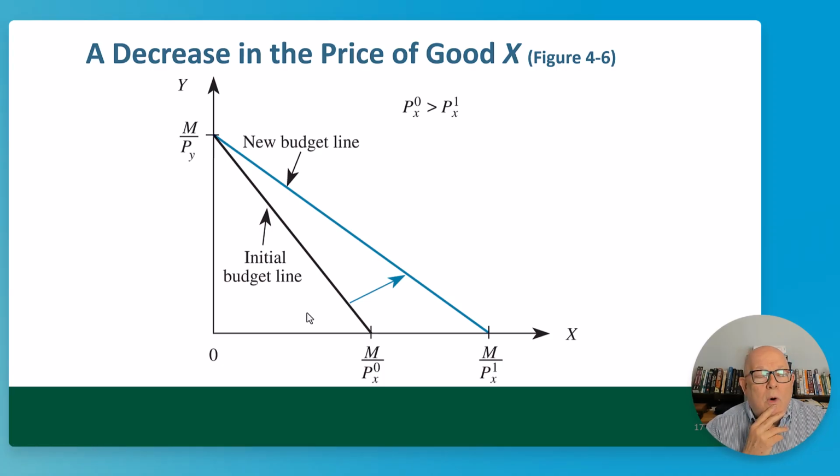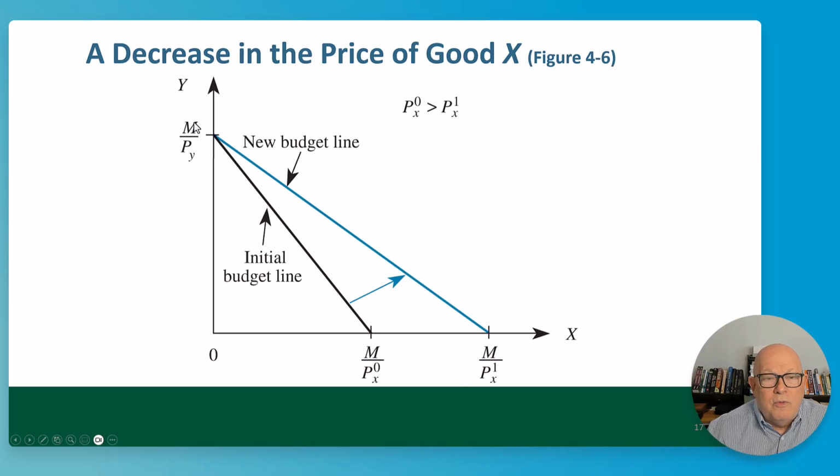What happens if one of the products has a change in the price? Well, let's say that we decrease the price of good X. This is our initial budget line. This is how much we can buy of Y and X, given the amount of money we have to spend. But if the price of X goes down, we can actually buy more for the same dollars.